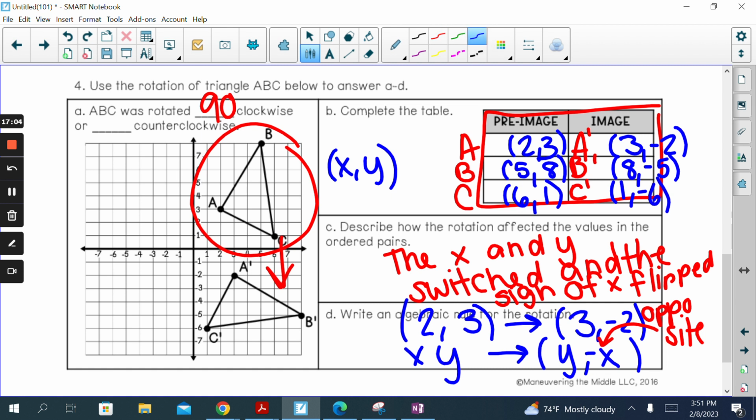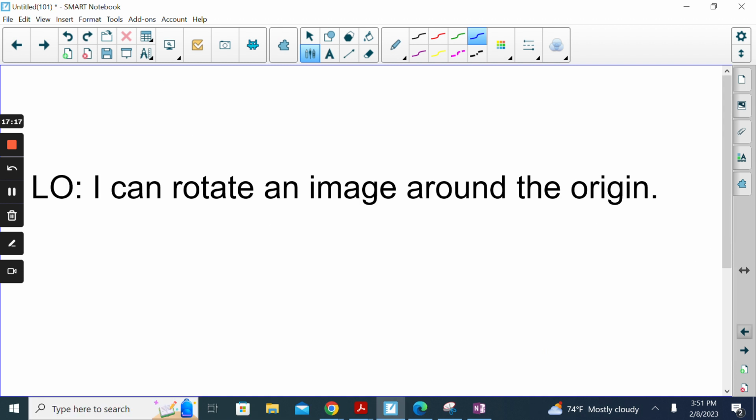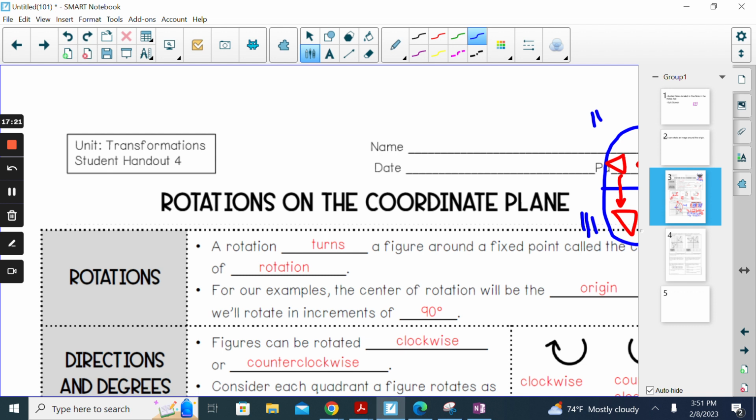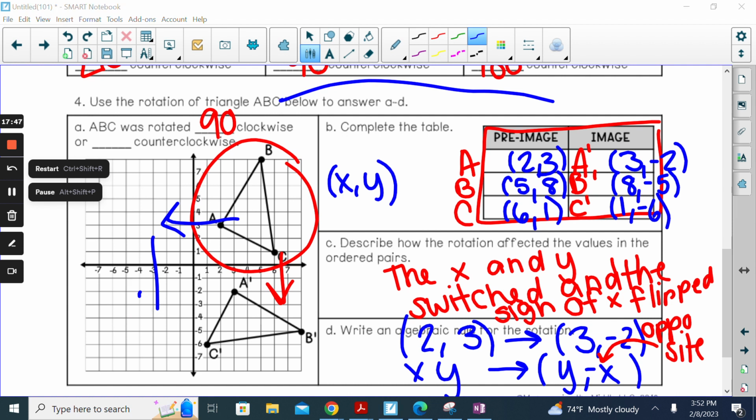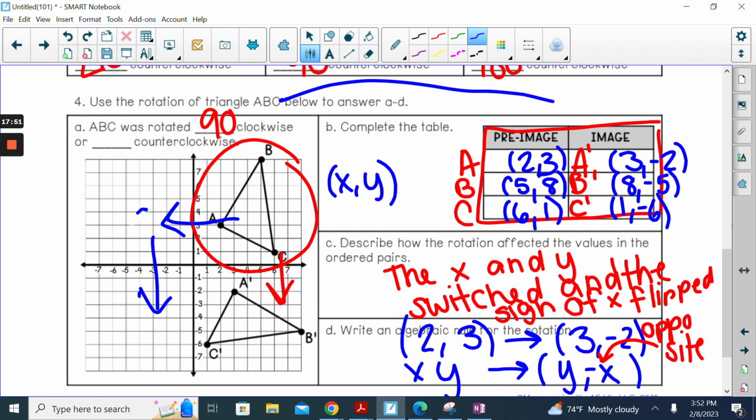And if we went counterclockwise, we go one quadrant, then another quadrant, so we're at 180, and we go for a total of 3 quadrants, and we are at 270 degrees counterclockwise.